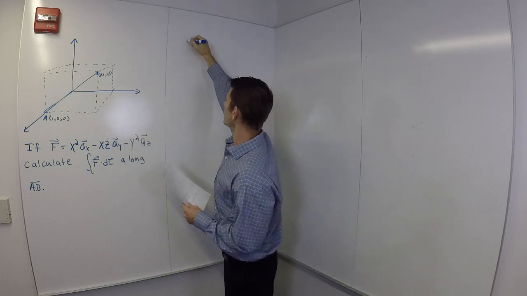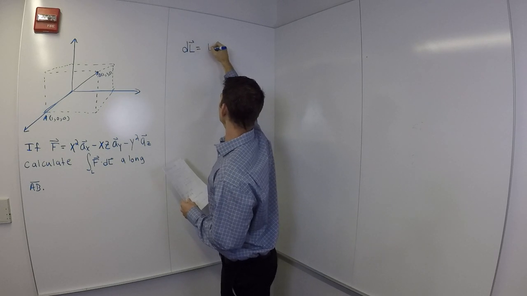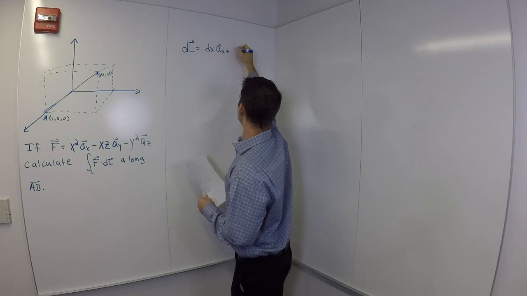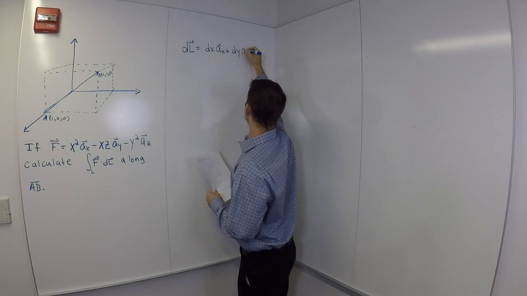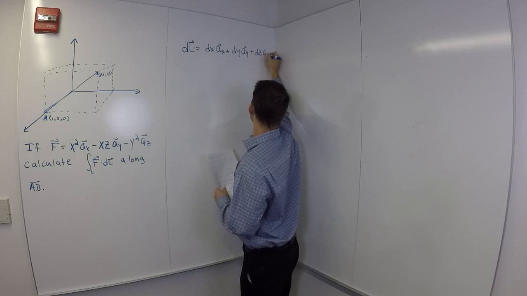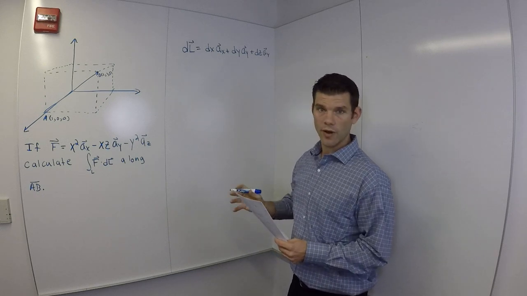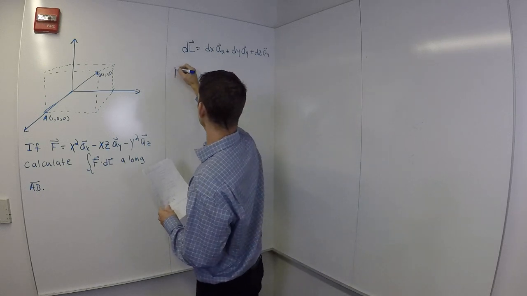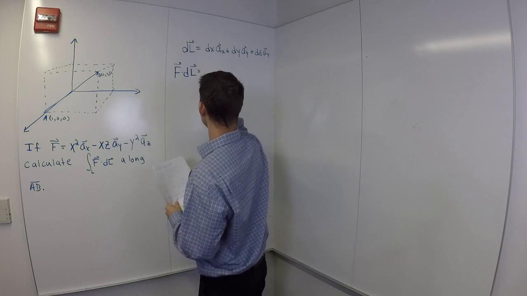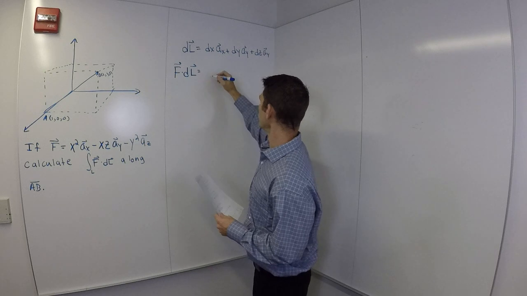So if we go to our differential length vector, which is equal to dx ax plus dy ay plus dz az, and we calculate the dot product of F dotted with dl, which is going to be a multiplication between the components.